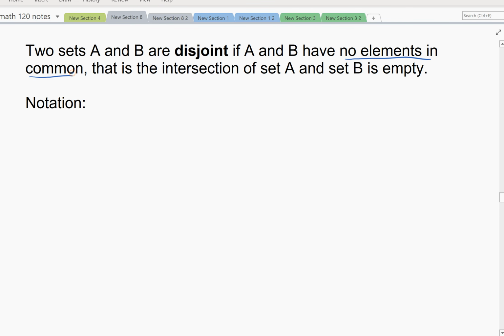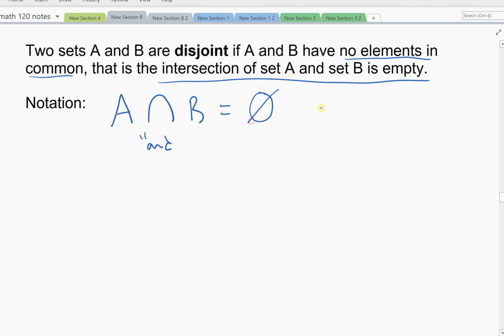So there's the big no elements in common. The overlap, the intersection of A and B is empty. Alright, so that means the A and B, right, remember that symbol represents and, is empty. Alright, there's nothing in A and B. It's empty, right? No elements in common.